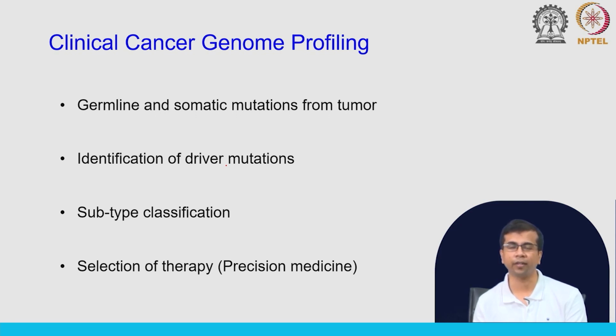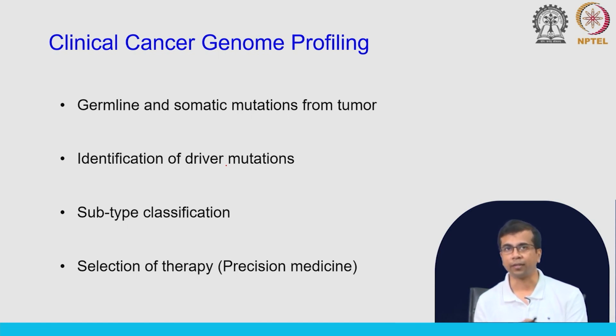In the first few classes, we talked about applications of NGS and we talked about precision medicine. Precision medicine means we are developing therapy depending on the genotype. If certain mutations are present in tumor, we give certain therapy. If other types of mutations are present, we give another type of therapy.